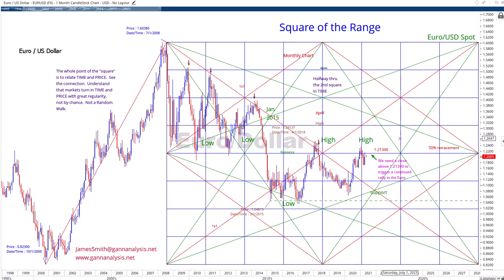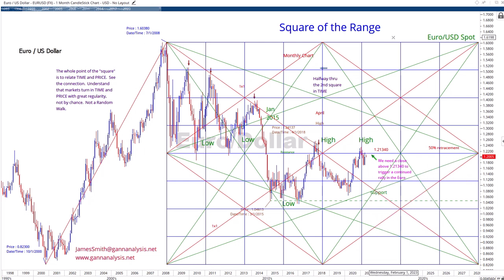You'll go out here and look for a change in trend in July 2023. We'll look for some sort of change in trend in January 2026. And as we complete the square in time, July 2028, we'll still be looking at this chart. So the usefulness of Gann is not just that, hey, it's working right here, right now. We can keep using it all the way out to July 2028.